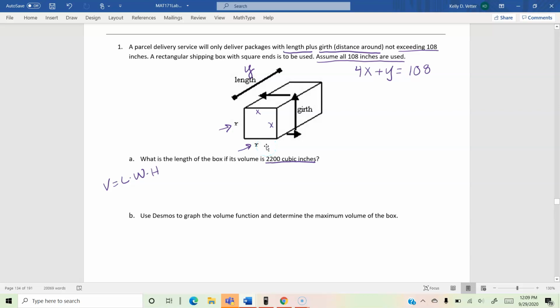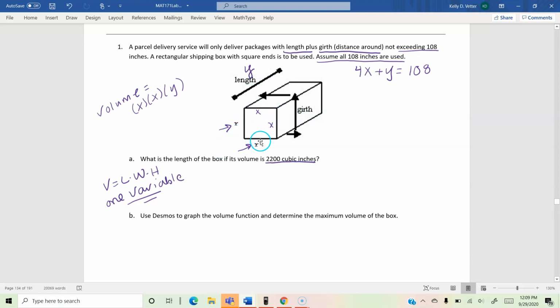And when we're setting up our volume, we want to make sure we only have one variable. What I mean by that is you do not want to get stuck in a situation where you're using your x's and your y's. So what a lot of students will do here is they'll say volume will equal x times y, right? And what they're looking at is their length, width, and height.